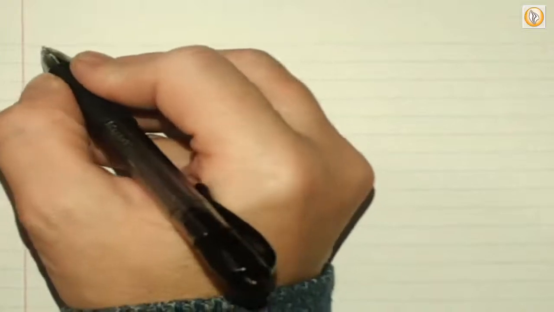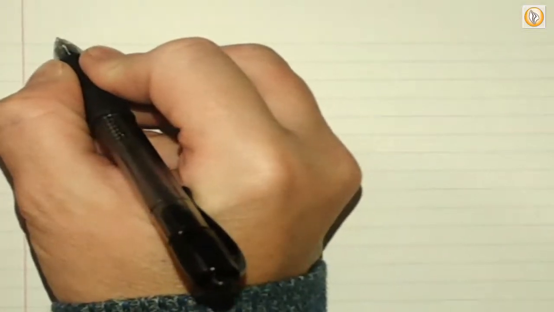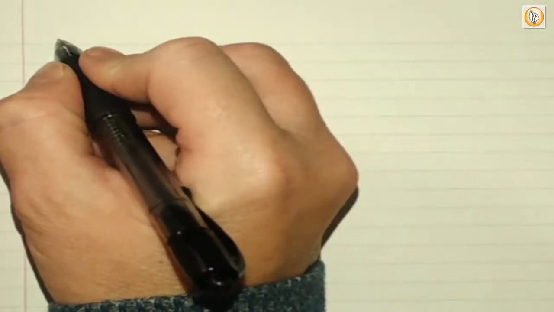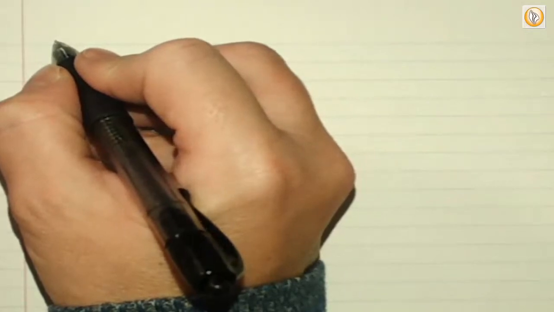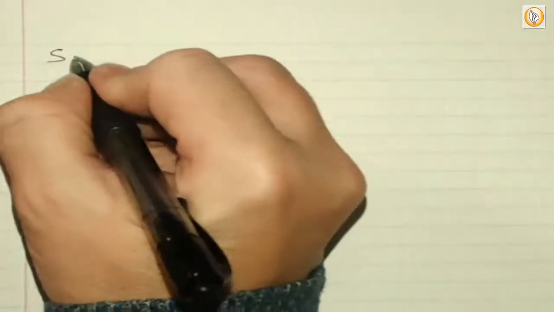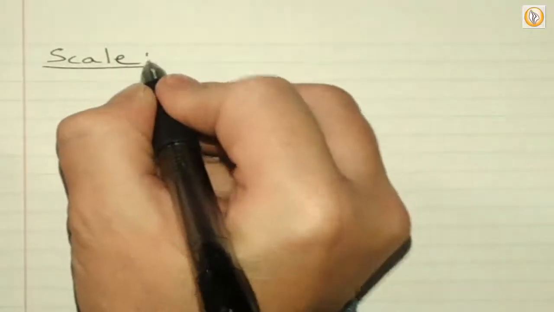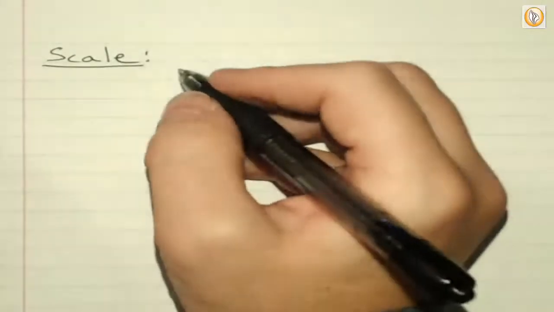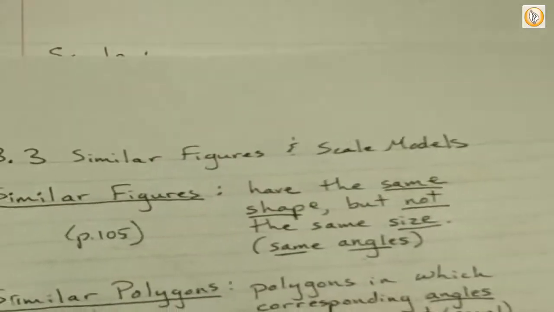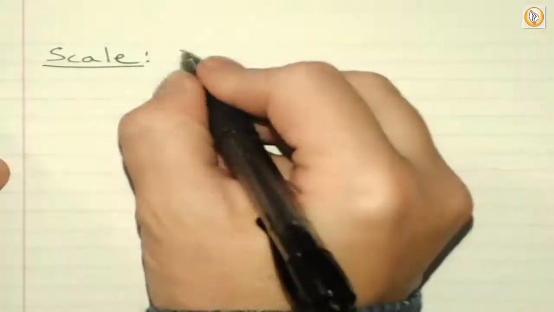I'm going to start on this and then we're going to stop in just a little bit. I'm going to introduce this. So we talked about proportions of similar figures. Now I'm going to talk about the second part of this section, scales. Because remember, we're doing 3.3, similar figures and scale models. Now we're going to talk about scale models.